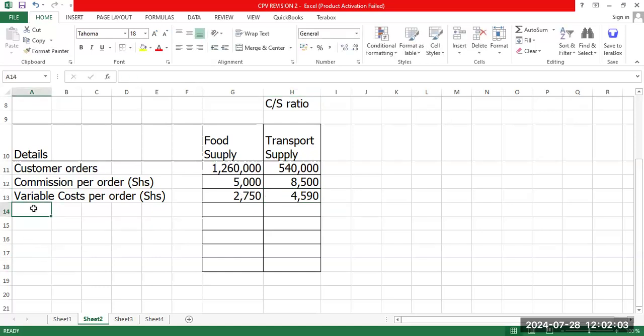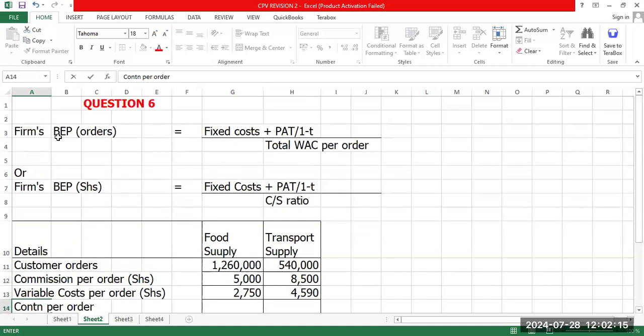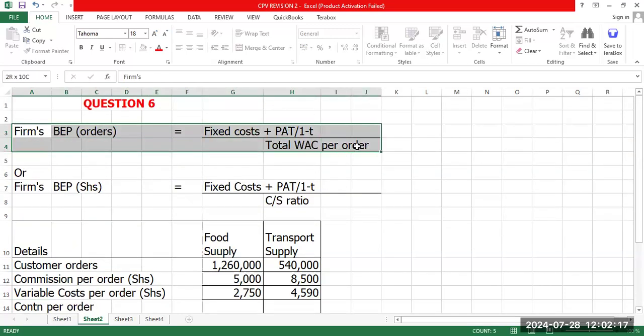Then from that I can get contribution per order. That is for someone who wants to start from this angle.